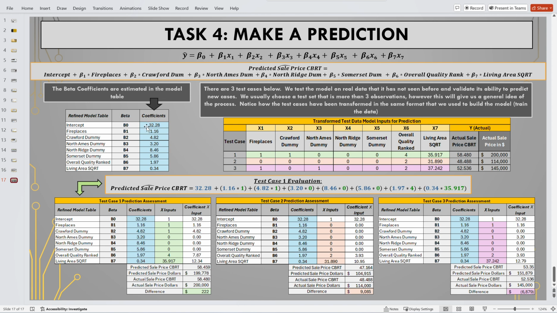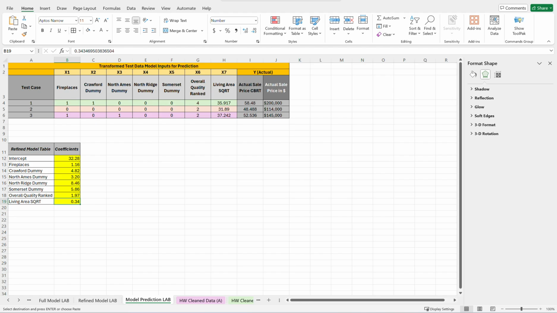So it would remain its original value. That's why you'll see here it is being multiplied by a value of 1 in each of these prediction assessments. So for this X input for our intercept, we're just going to put a value of 1.